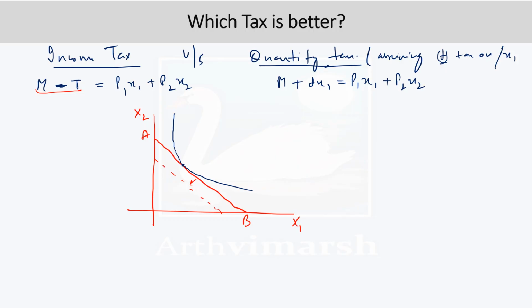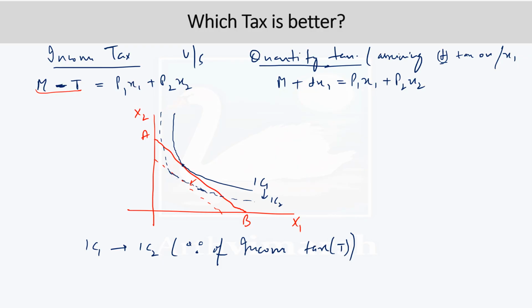So now say for example your optimal choice came to a point on this graph, like for example this is the new point of tangency, from IC1 to IC2, because of income tax T. So you shifted back here, to point, say for example P. This is your point P for tangency.